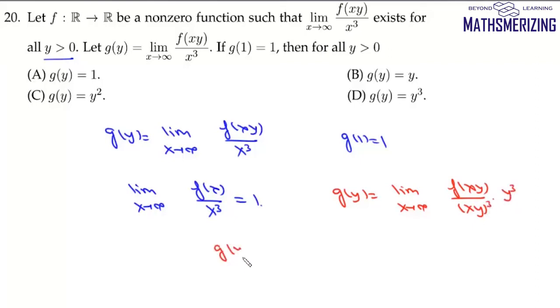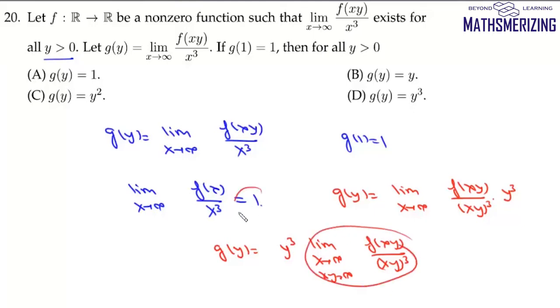Now we can write this g(y) as y cube into limit x tends to infinity f(xy) upon (xy) cube. Now when x tends to infinity, xy also tends to infinity. So this limit, its value is 1. So we can write this function g(y) must be y cube, and that's your option D.